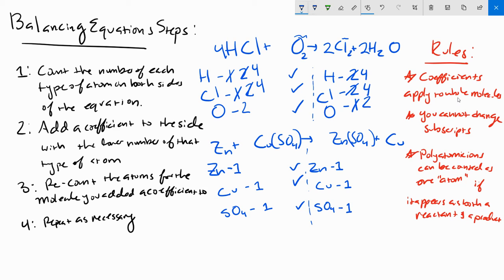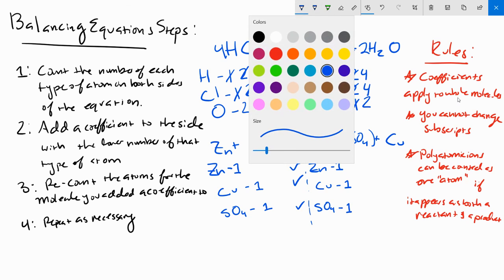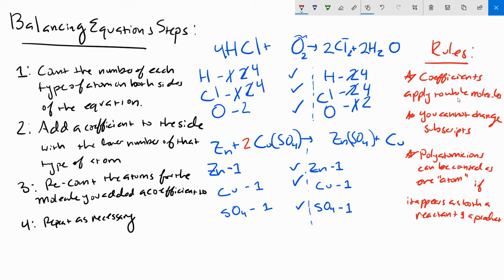So let's say I was trying to balance this and I wanted to put a 2 right here. I could say, okay, now I've got 2 coppers, and then I've got 2 sulfates. Okay, see how I can apply it to the whole polyatomic ion? I'll always try to put parentheses around them, but you'll eventually figure out how to identify them.